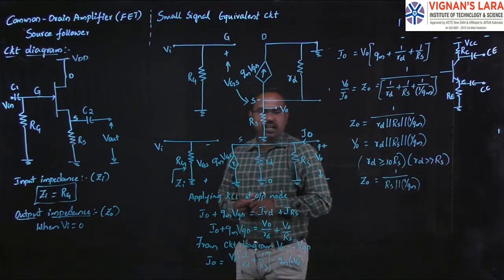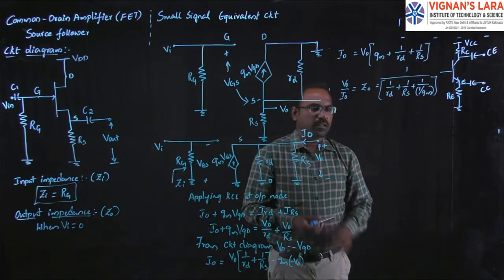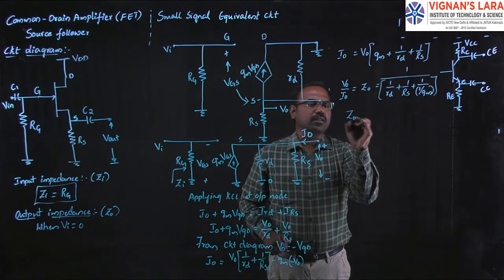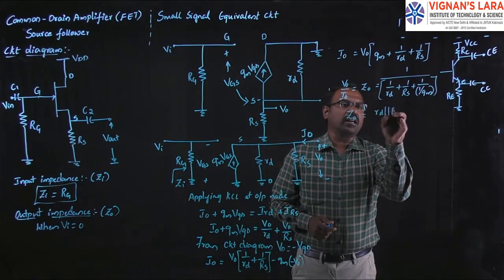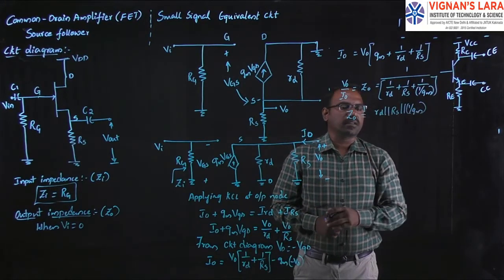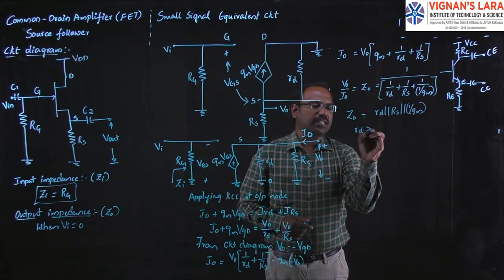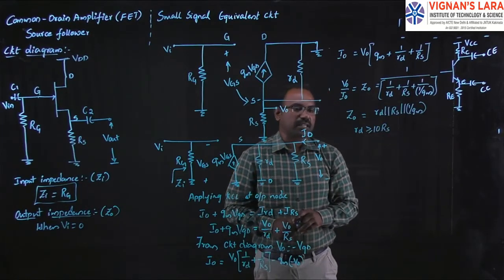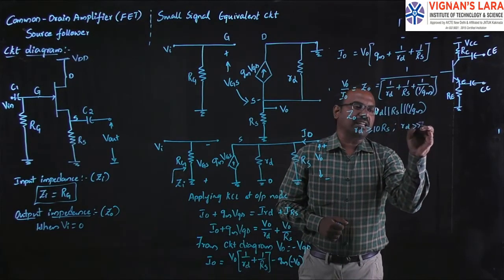So this is the output impedance of the common drain. Here Z0 I can simply write as RD parallel with RS parallel with 1 by gm. But we know RD is very much greater than RS, generally greater than or equal to 10 times RS.